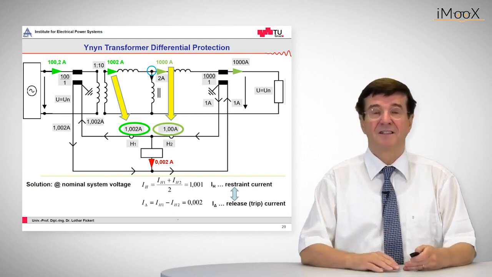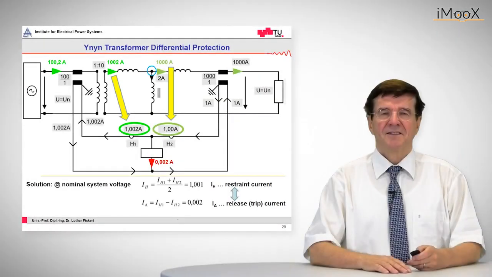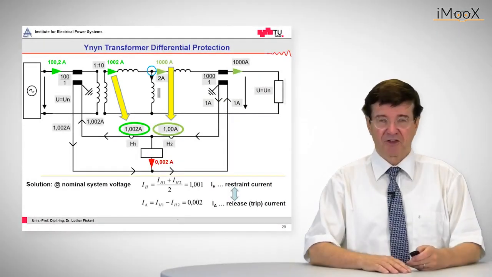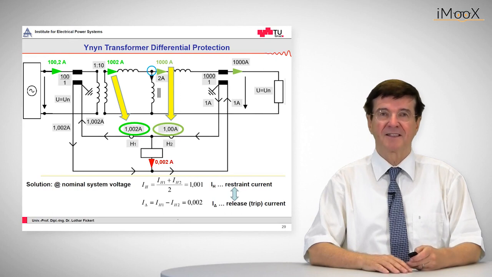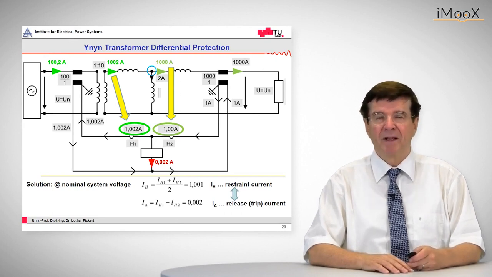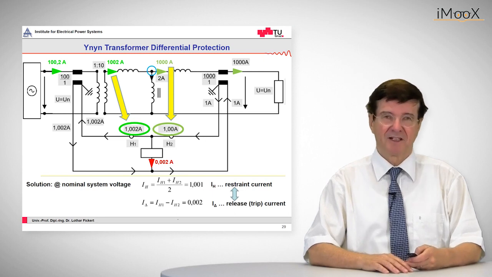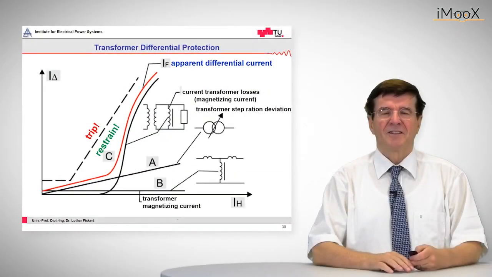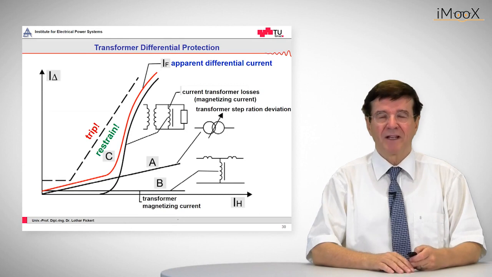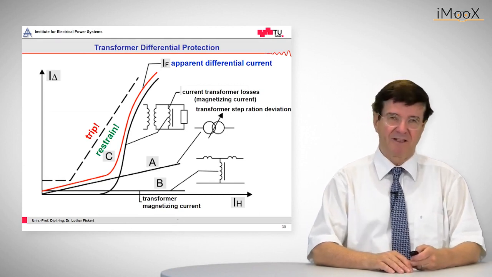If it is large, then a trip occurs. So in this case, it was shown that the magnetizing current of a current transformer leads to some apparent differential current. There are other sources for apparent differential currents that may appear in the operation of the protected object.